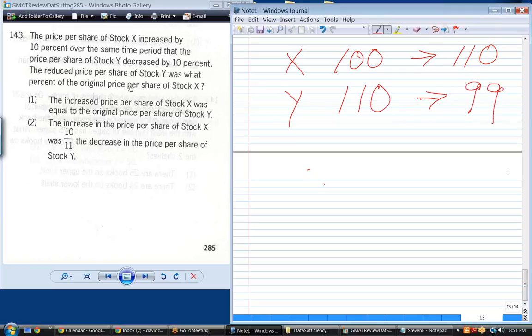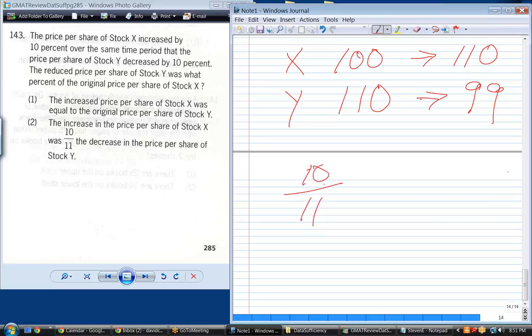Actually, I'm only using information from the stem. I just don't even understand what they're trying to tell me. The increase in the price per share of stock X was 10/11ths, the decrease? Right. In other words, the increase was 10. The decrease of stock Y was 11, so that ratio is 10/11.